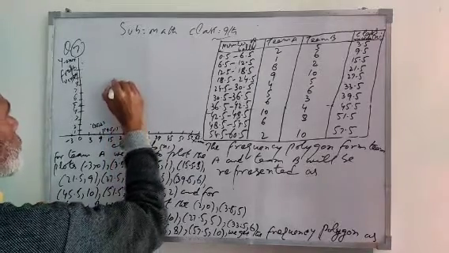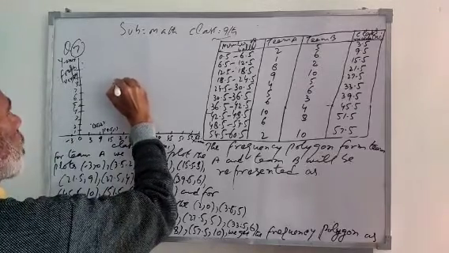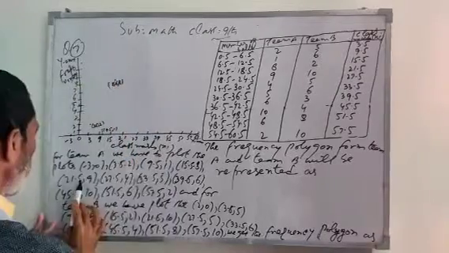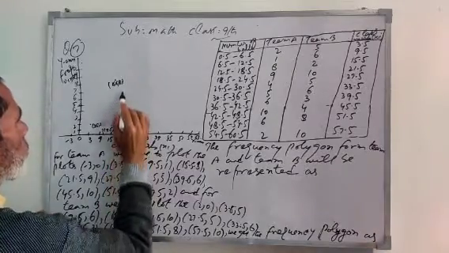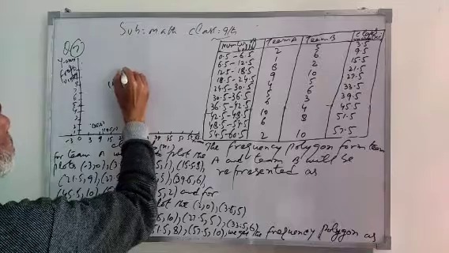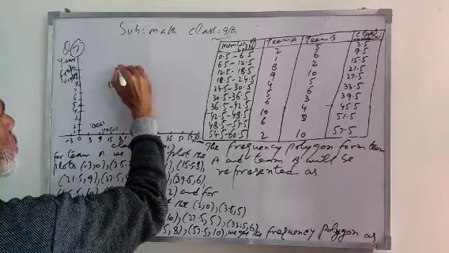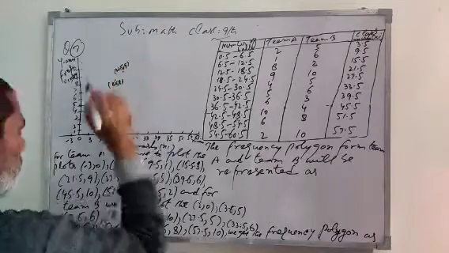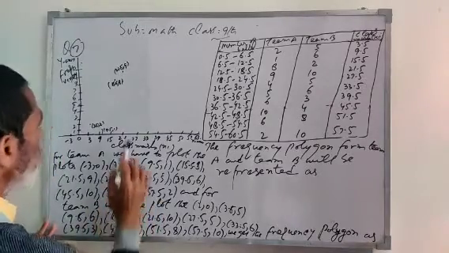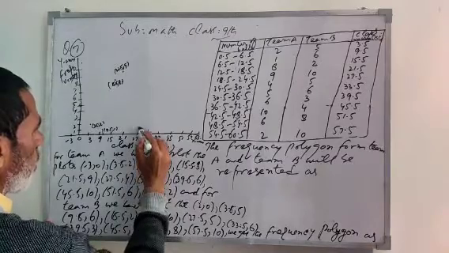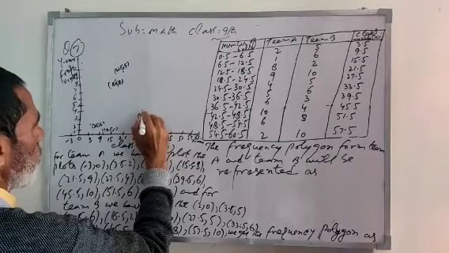This is third point. 21.5 is here, 9 is this. 21.5 comma 9. 27.5 comma 4. 4 is here. 27.5 comma 4.